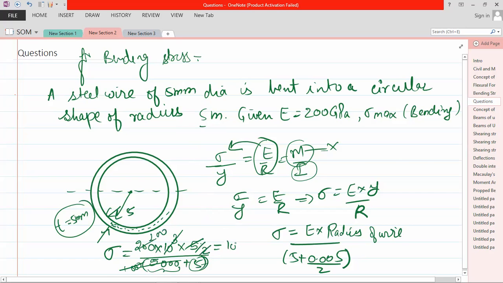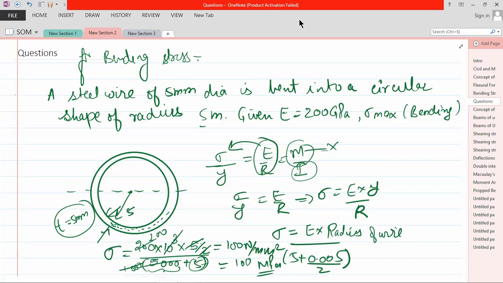So it is 100 Newton per mm square. I am seeing someone is getting 100 Newton per meter square. No, it should be 100 megapascal. So please correct that. Are you okay with it? Yes, sir. Okay.